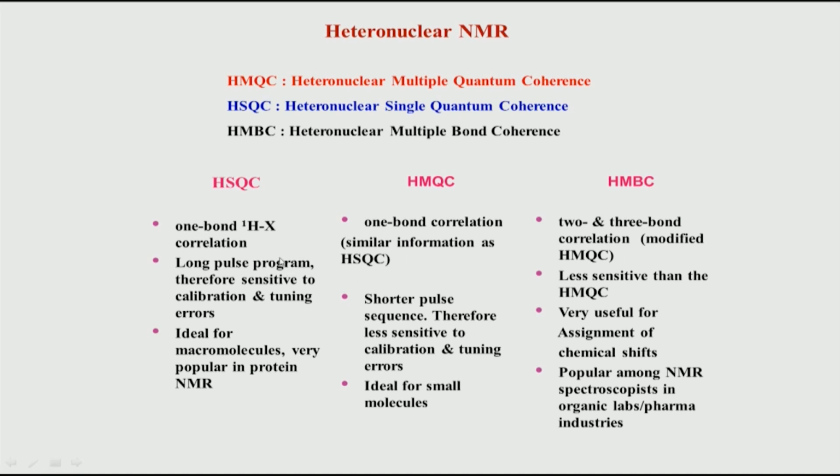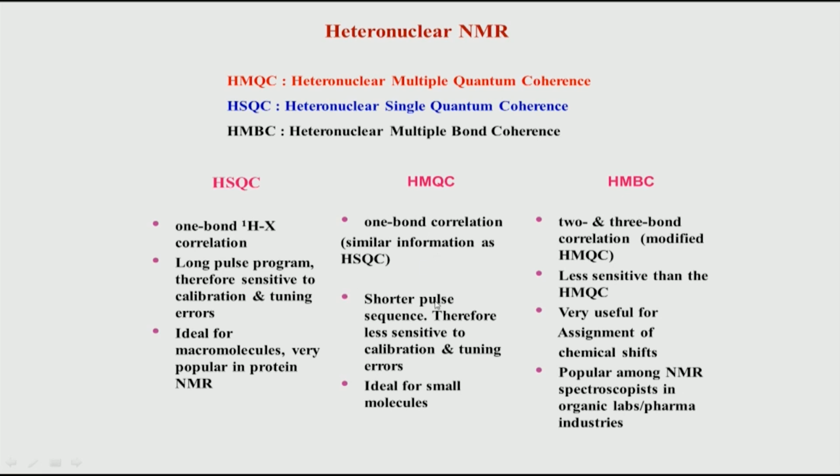Now, if HSQC and HMQC are similar experiments, then why do we do one over the other? The reason is that HSQC, as we will see, is a longer experiment, in the sense it does not mean it takes a long time to record. What it means is that the whole experiment to execute in the spectrometer, that is the pulse sequence, is longer compared to HMQC.